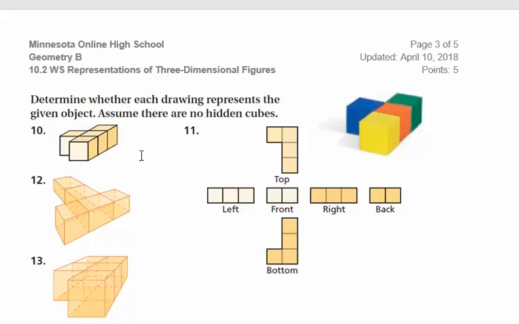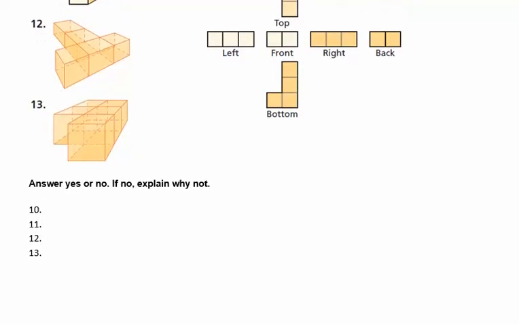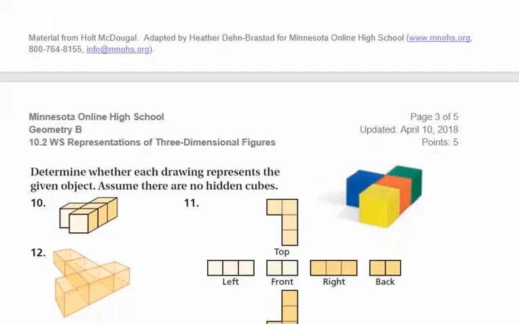And this is the same thing. You're going to see if this three-dimensional figure, which again you could build with your own objects, matches these sketches, yes or no. Do these sketches represent the exact same figure? And if not, say what the problem is. If there's an extra block or if there's a missing block, and where would that be?